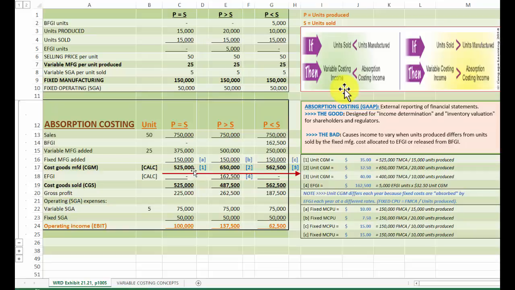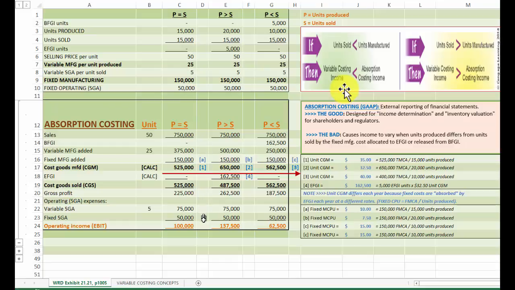Because all the units produced were sold, there is zero ending inventory, so the cost of goods manufactured equals the cost of goods sold. Cost of goods sold of $525,000 from the sales of $750,000 produces a gross profit of $225,000. Deducting the variable selling and administrative costs, $5 a unit times 15,000 units sold, gives $75,000.